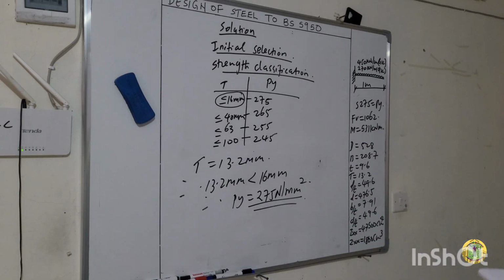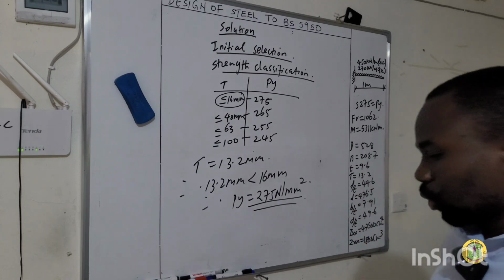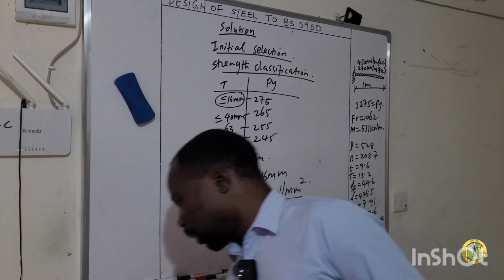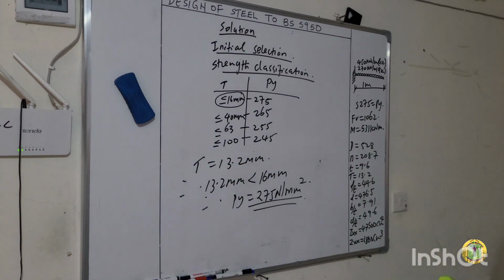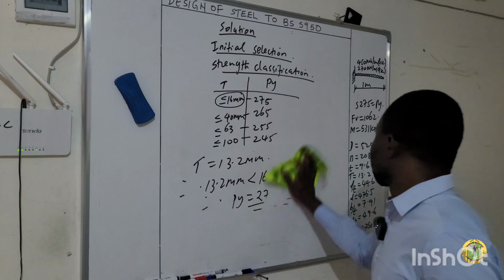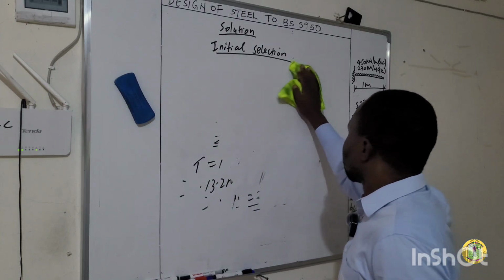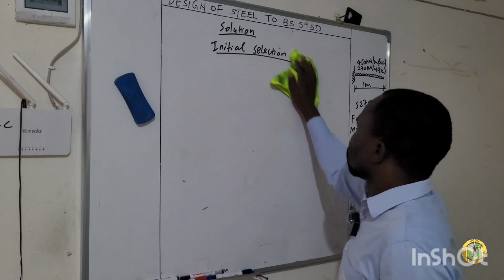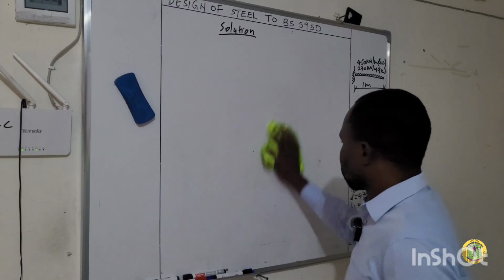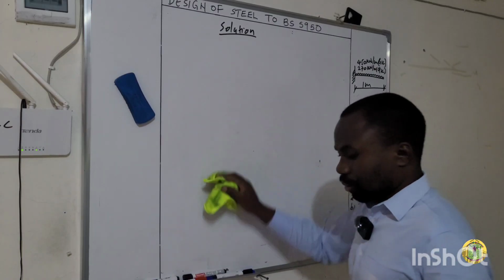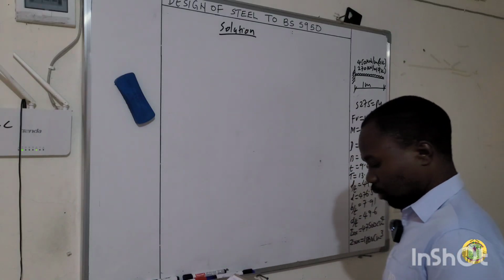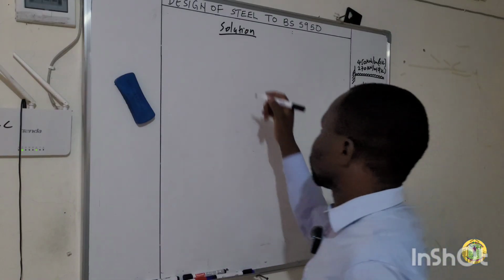We now proceed to section classification. You are now to classify the web, whether it is plastic, compact, or semi-compact. Also for the web. So section classification.